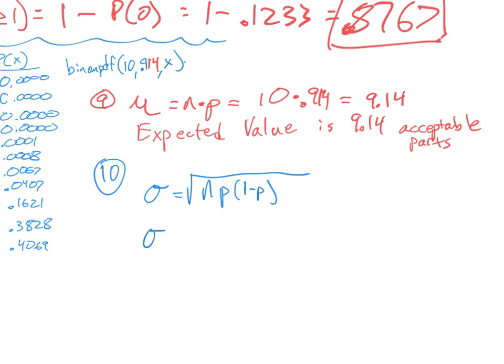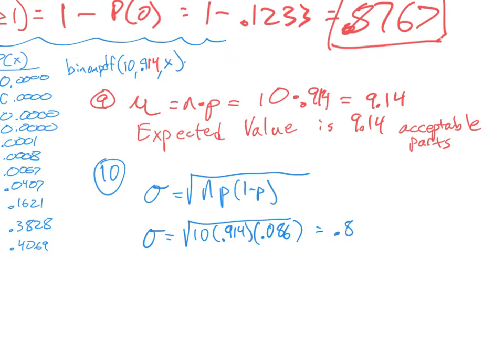In this case, we have the square root of 10 times 0.914, and then 1 minus 0.914 gives us 0.086. If we multiply that up, we get 0.89.